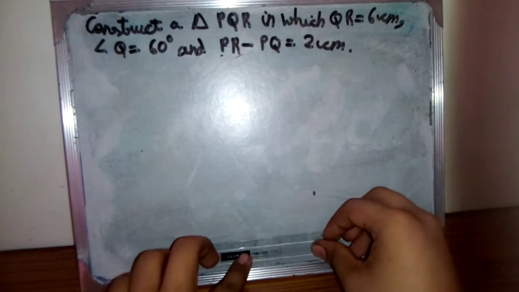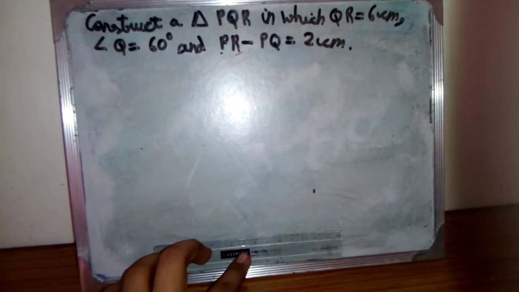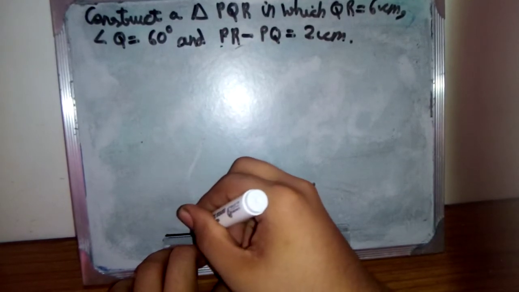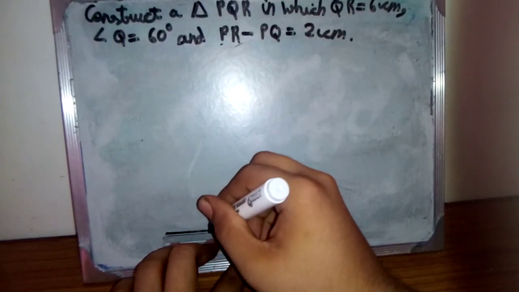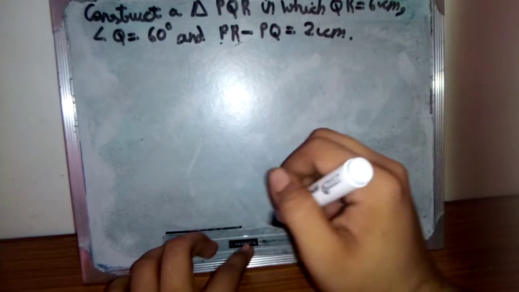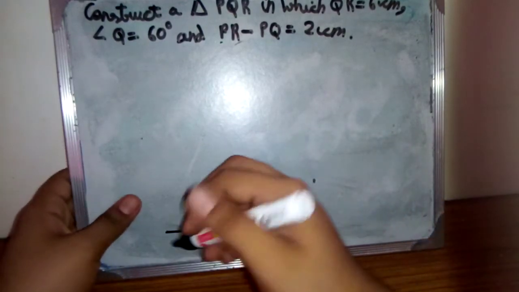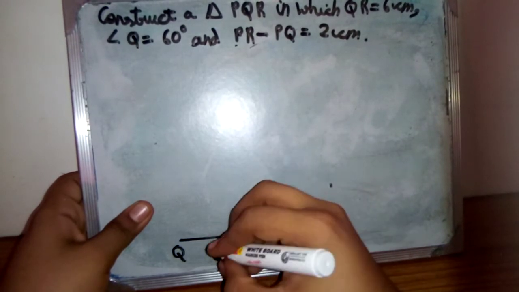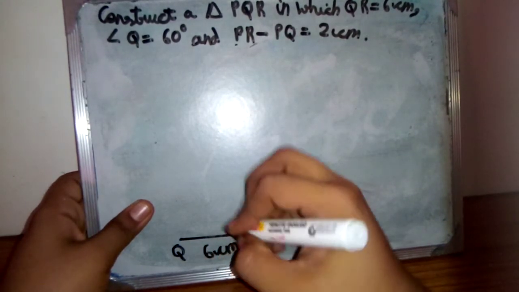Okay, now take your ruler. First we will construct the base QR of 6 centimeter.